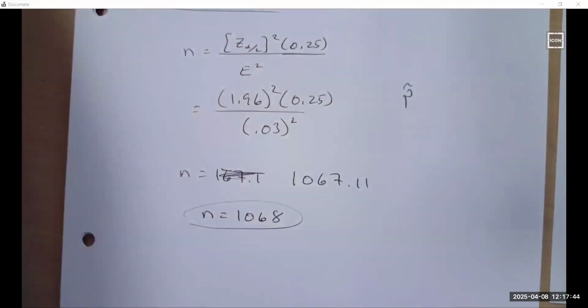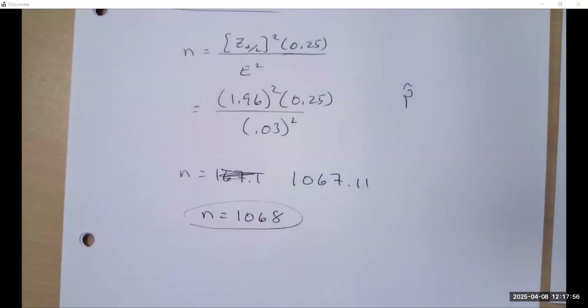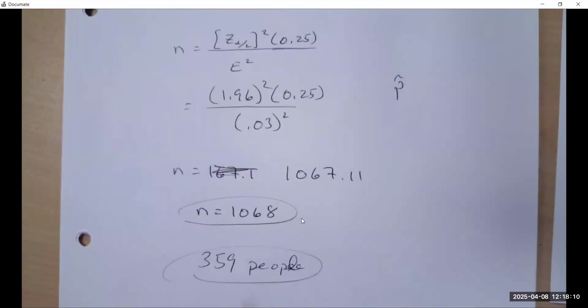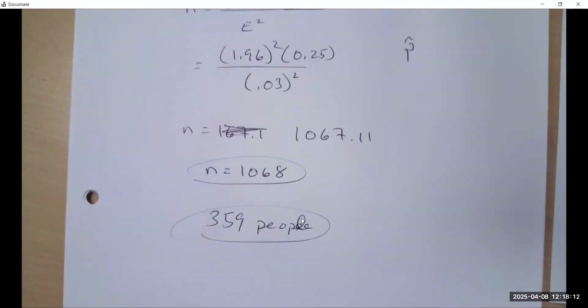We have 709 and 1068. 359 people. That's a lot. That's a difference of 300 people.